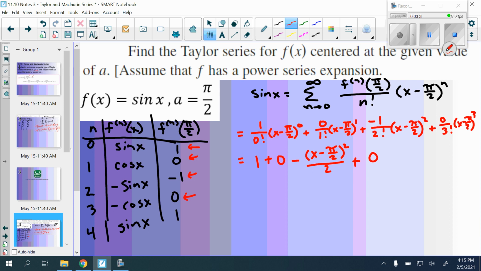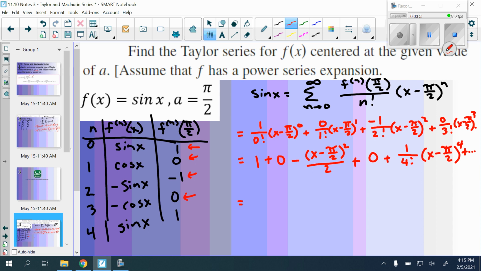If we did 4, the value was 1 over 4 factorial, and then this would be x minus pi over 2 to the 4th power, and this would continue.